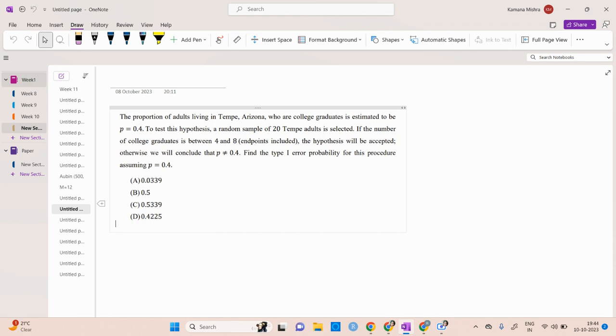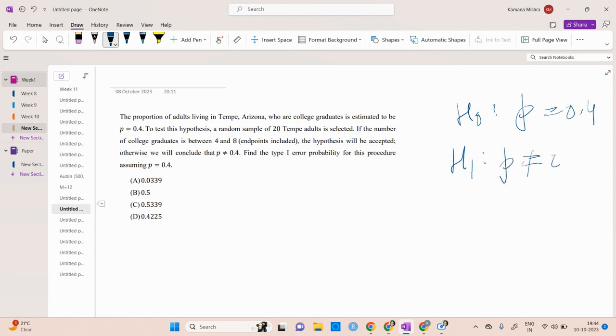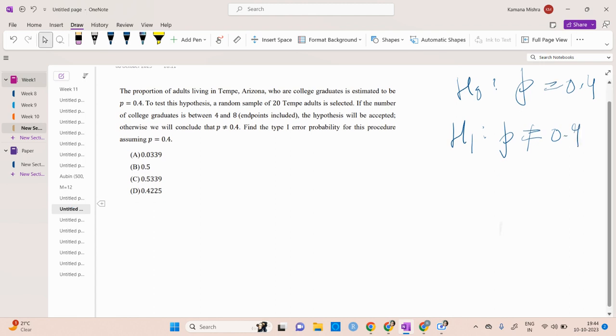To test this hypothesis, firstly we have H naught, and then the alternate hypothesis is what? p is not equal to 0.4, right?